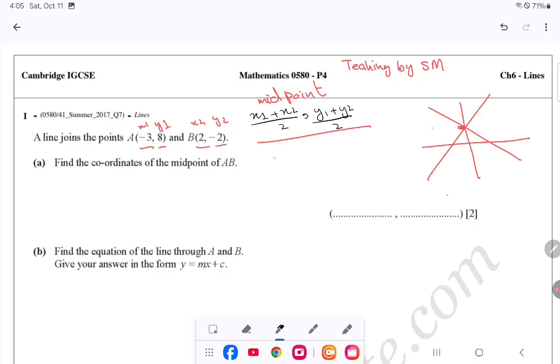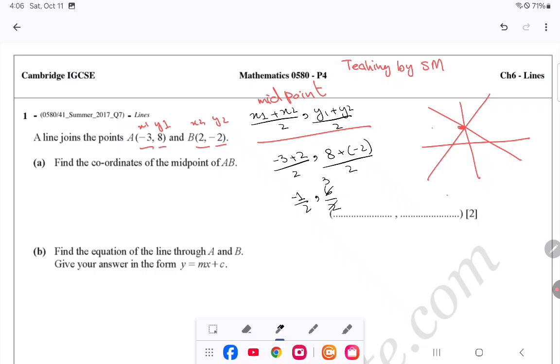x1 is -3 plus x2 is 2 over 2, y1 is 8, and y2 is -2 over 2. So it will become -1 over 2 comma 6 over 2, and the 6 will be cancelled out.